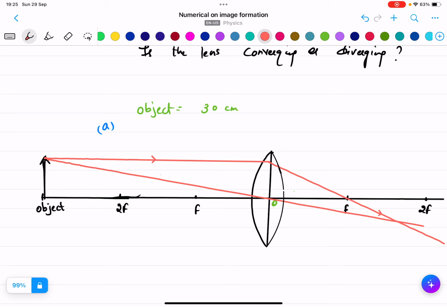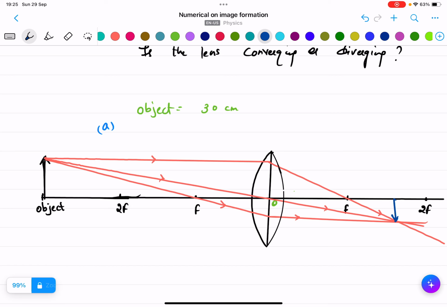And the third rule, any ray which passes through the focus will be parallel to the principal axis. So these are the 3 rules. They are very simple. In every image formation, you need to follow these rules, and then there will be an image here.